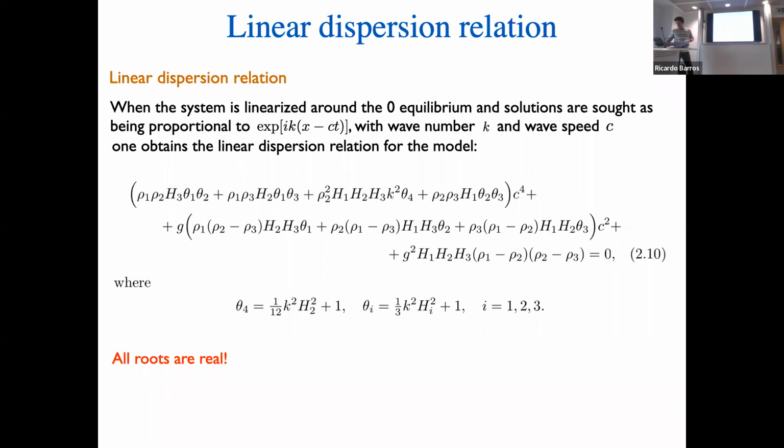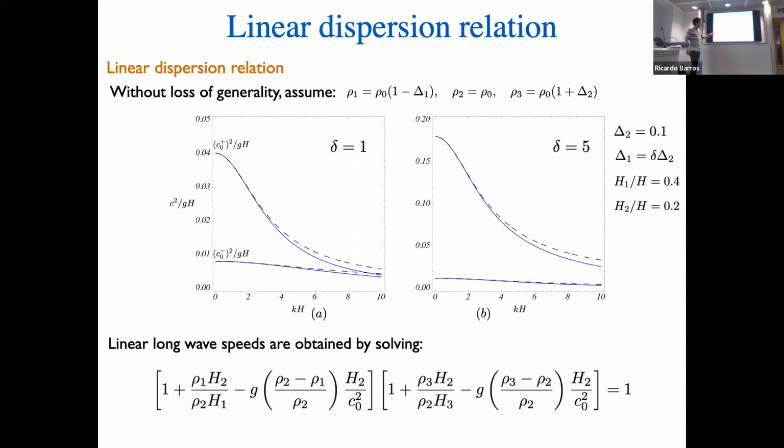There are 2 modes of propagation, which can be plotted here: this is the faster mode, and this is the slower mode. This is compared with Euler, so you will see some discrepancies. I believe Euler is the dashed line, and this is the model in blue. For long waves, the agreement is remarkably good. Of course, here not so good, but this is expected from asymptotics, okay?